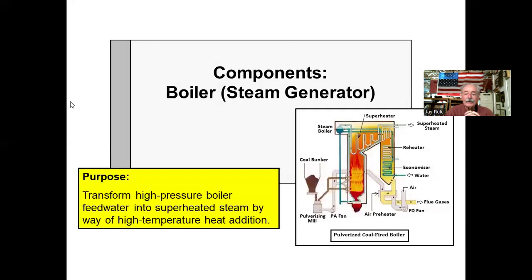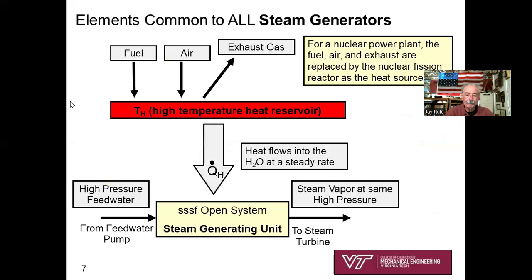Let's go through and look at some of the details about each of the four major components of a steam power plant. So the first is a steam generator. Purpose is, at constant pressure, transform boiler feed water, compressed liquid, into superheated steam vapor by way of high temperature heat addition.